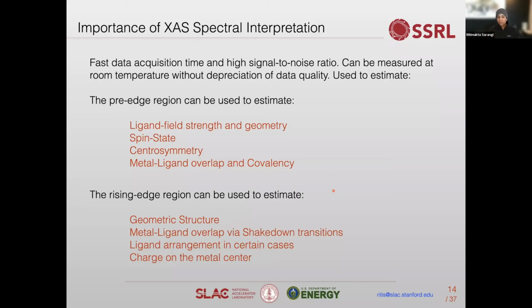The rising edge can be used to estimate geometric structure, metal ligand overlap via shakedown transitions, and ligand arrangement. The most used application of the XANES spectrum is charge on the metal center. Most people will look at the edge shift and say, okay, this is an oxidation state of X or Y. That's the most popular.